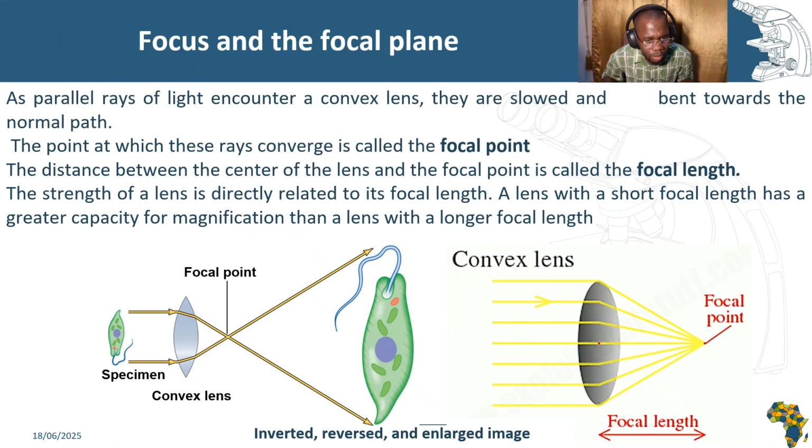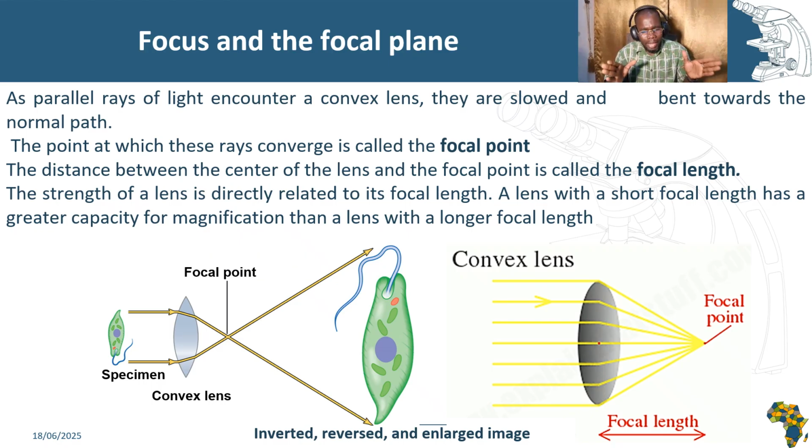Now, focus and the focal plane. In this context, it is very important to understand the terms focus, focal plane, focal point, and focal length. Focus is an action. It is a process of making an object or an image appear very clear.